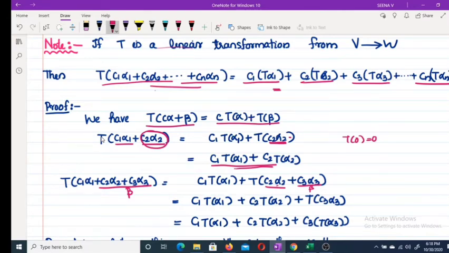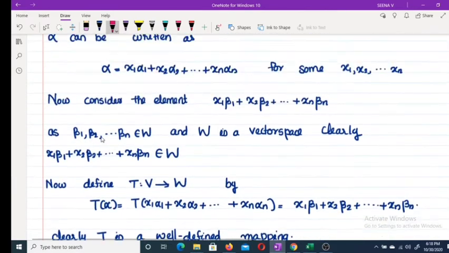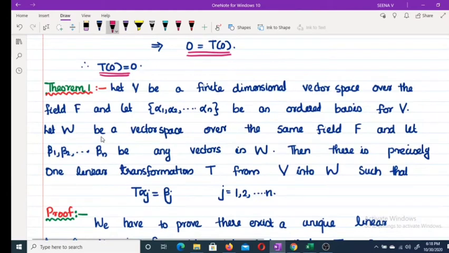Now we are moving to prove one theorem, and this is a very important theorem. What is the statement of the theorem? Let V be a finite dimensional vector space over the field F. Clear?